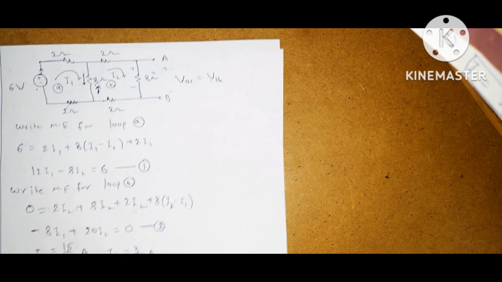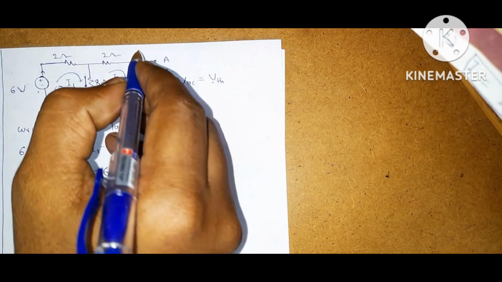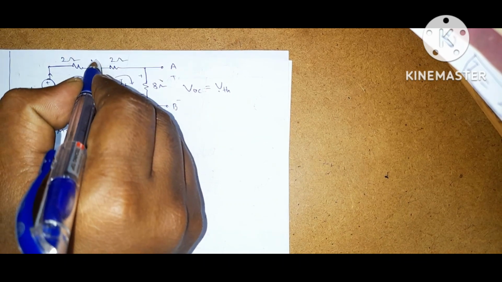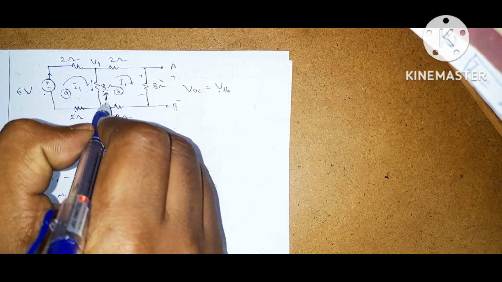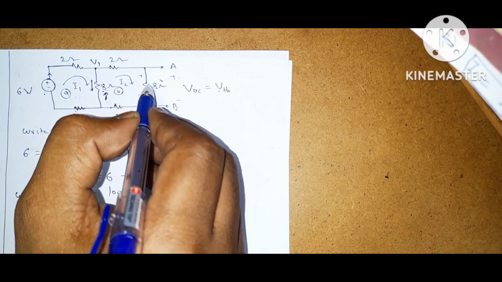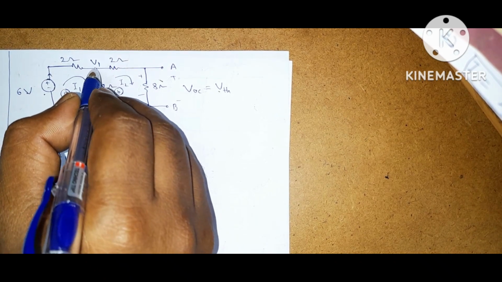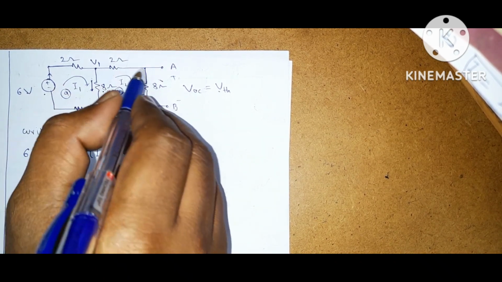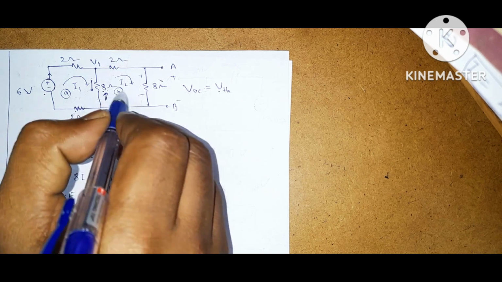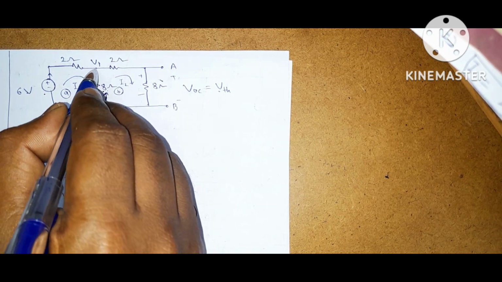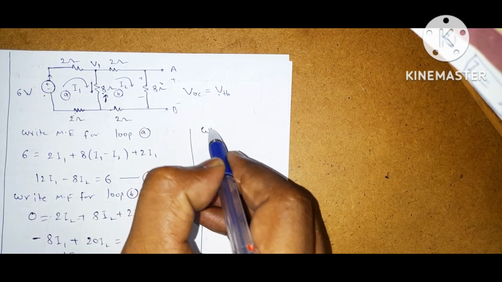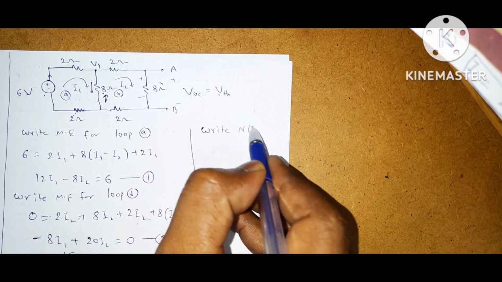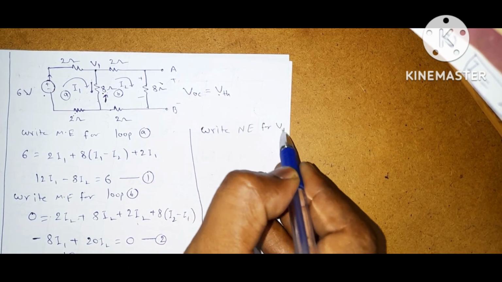Or you can apply nodal analysis. Let this be node V1. These 3 resistors are connected in series, so you can apply the voltage division rule once you know the voltage across this combination, which is connected in parallel with the 8 ohms. So you can apply the node voltage only here. Write the node equation for V1.